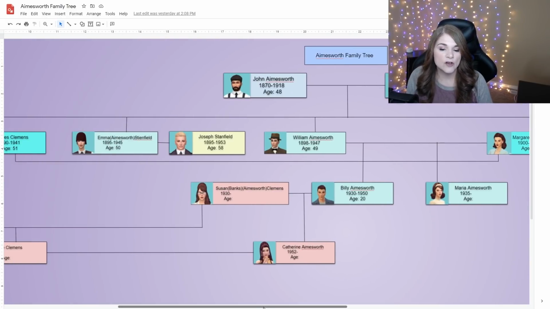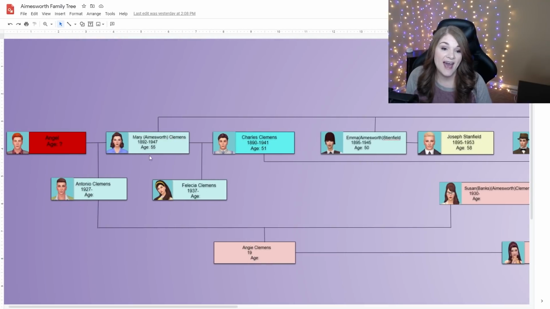And then, if we go back here, we have Mary. She was the first to get married, and she married Charles Clemens. Apparently they had a rough start because the firstborn was Antonio. And if you remember, you guys, I was so shocked to find out that it was Angel that was the father. I don't know who the sim is.